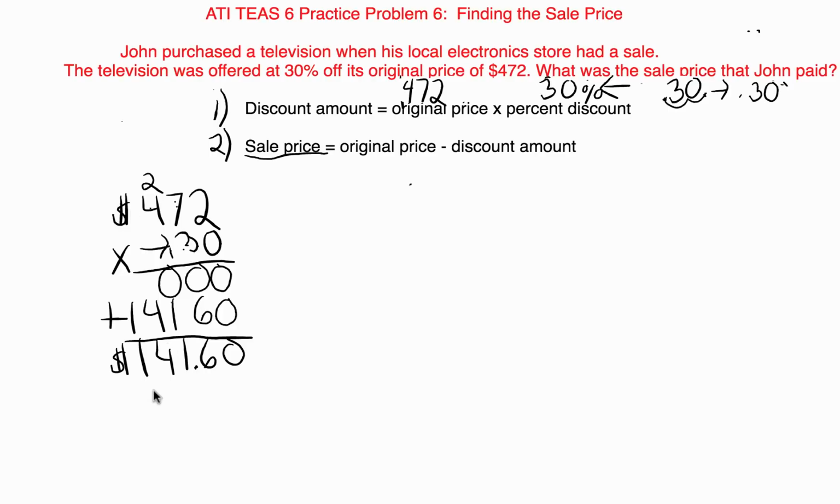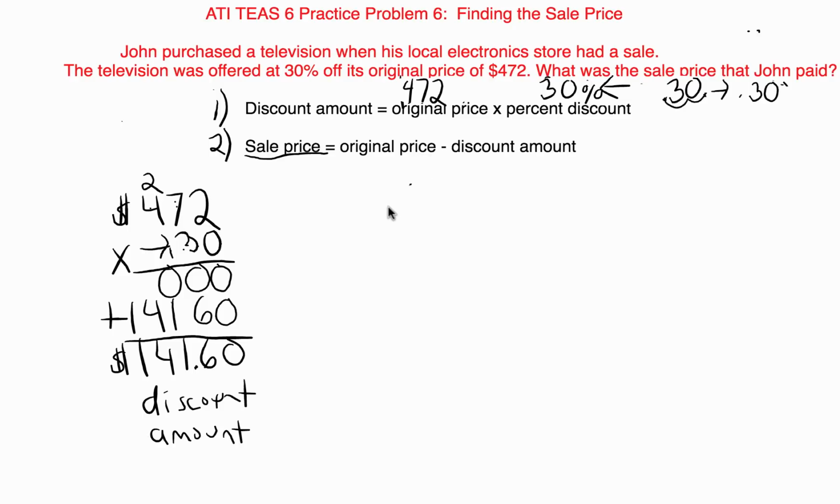Now, mind you, this is the discount amount. This is not the sales price. As a matter of fact, on the TEAS test, there will be an answer choice guaranteed that will be the discount amount, and people will pick that. But again, just as a reminder, this is the discount amount, not the sales price. We still have another step to go here.